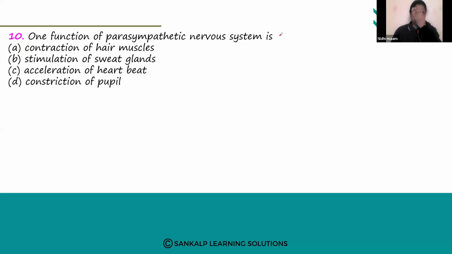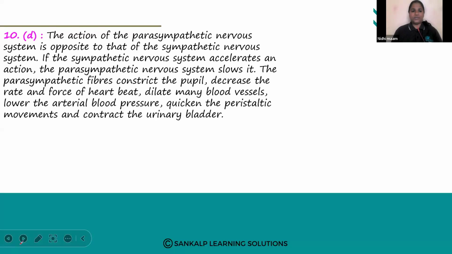Okay. The right answer is option D, constriction of pupil. The action of the parasympathetic nervous system is opposite to that of the sympathetic. If the sympathetic nervous system accelerates an action, the parasympathetic slows down that action.